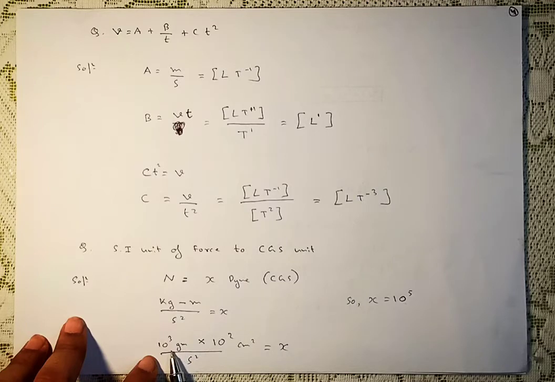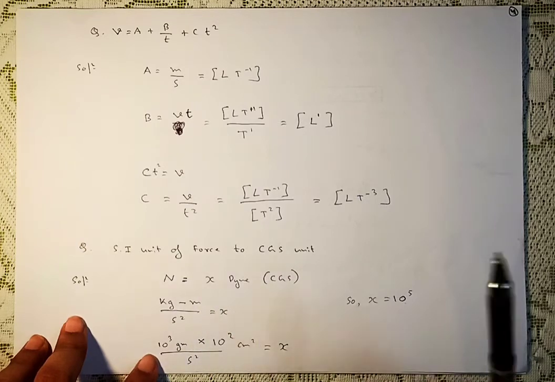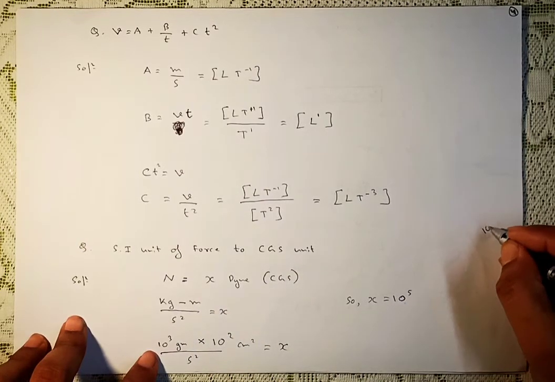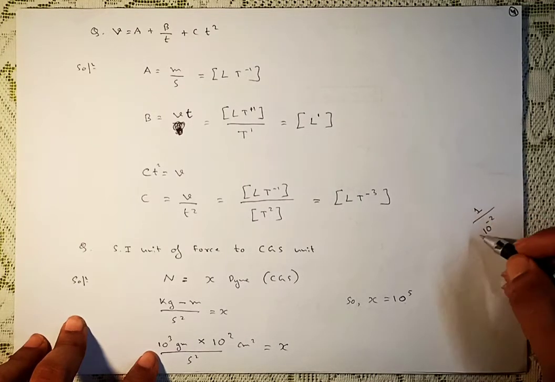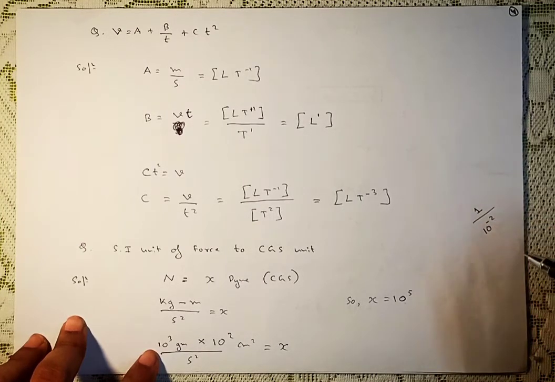Kg is how much in terms of gram? It is 10 to the power 3. Kg is 10 to the power 3 in terms of gram. Whereas in case of meter, converting meter into centimeter is about 10 to the power minus 2. This is how meter gets converted into centimeter, 1 divided by 10 to the power minus 2.